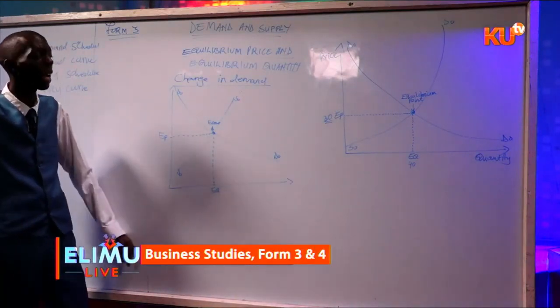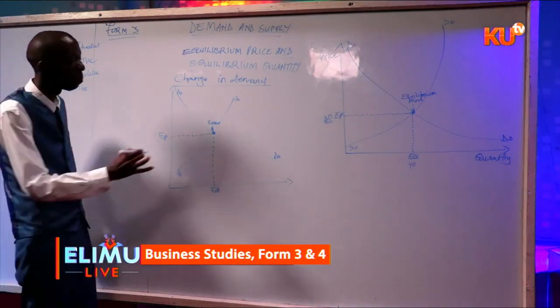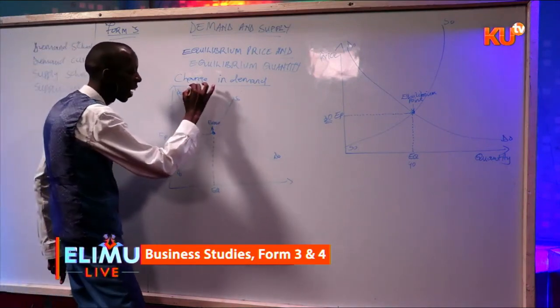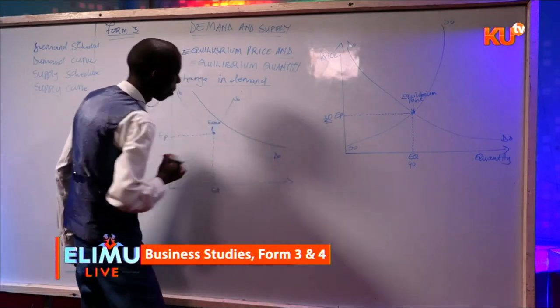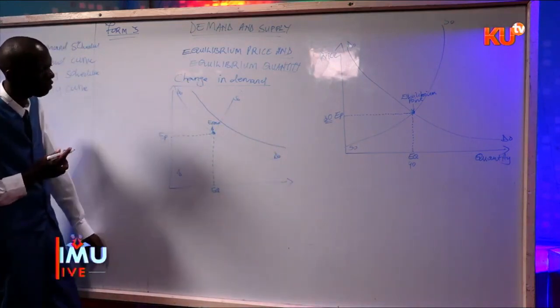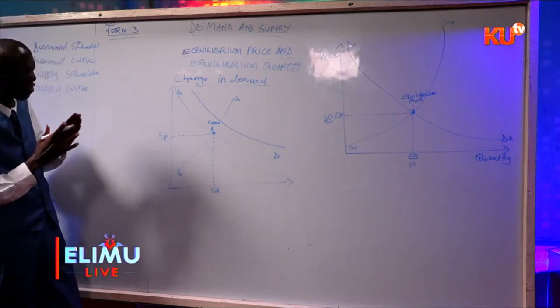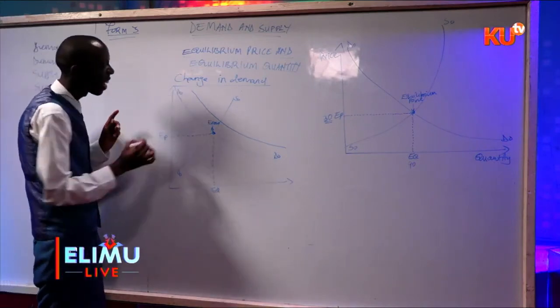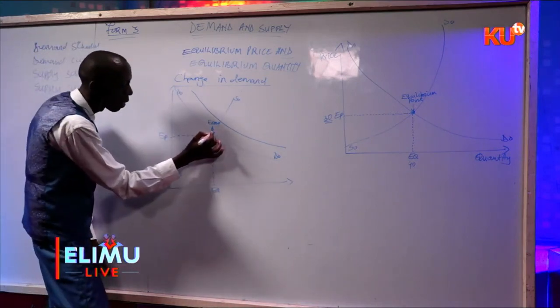So in this case, you can be asked, how would a shift in the demand curve to the right affect the point of equilibrium? So I want us to look at our diagram very carefully and see the effect. The effect is illustrated clearly here. We have the equilibrium point.